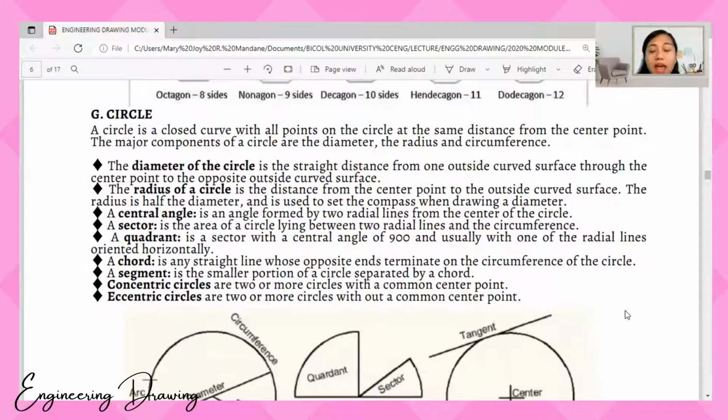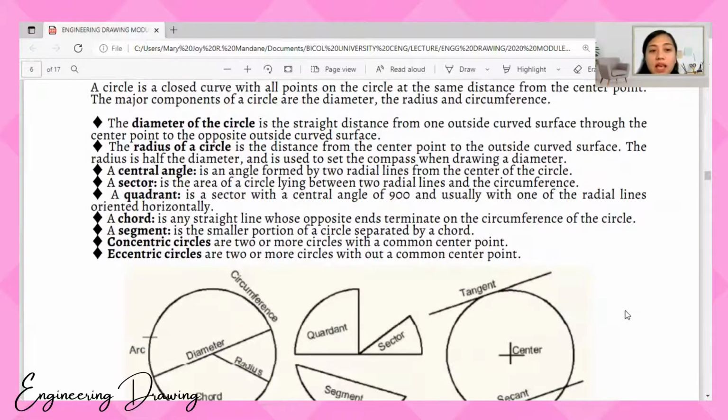And a central angle is an angle formed by 2 radial lines from the center of the circle, and the sector is the area of a circle lying between 2 radial lines and the circumference. And a quadrant is a sector with a central angle of 90 degrees, usually with one of the radial lines oriented horizontally.